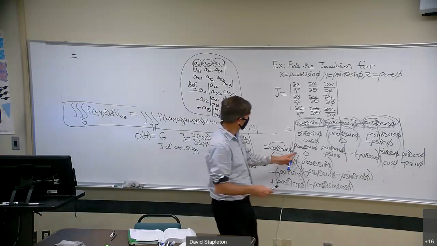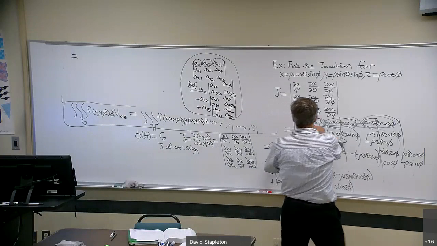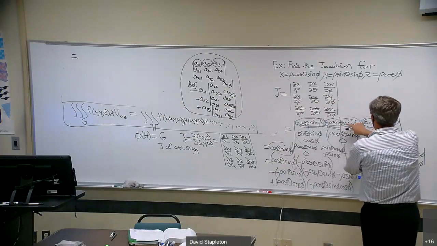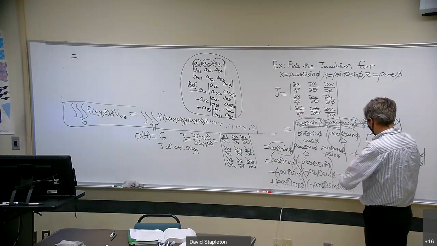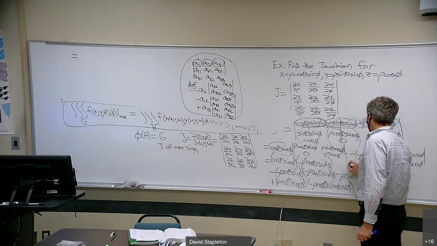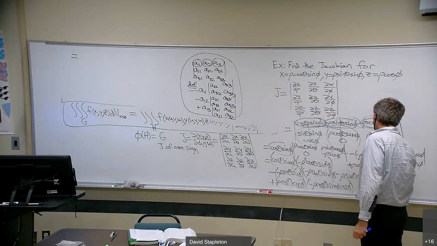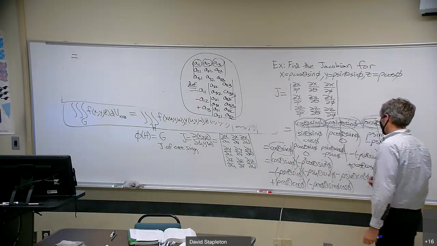And now I need one more term here. This is first element times its subdeterminant minus the second element times its subdeterminant. And then there's plus the third element here, rho cosine theta cosine phi, which has to multiply the determinant. I'm sorry, it's getting messy here.